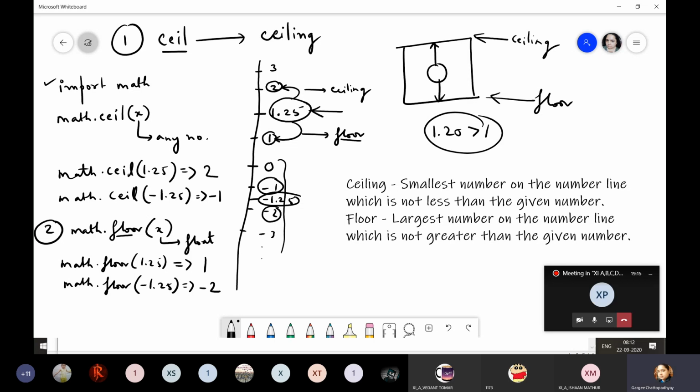These are library functions which you can use in your program. Whenever you are working with Python expressions, you can use these inbuilt functions.